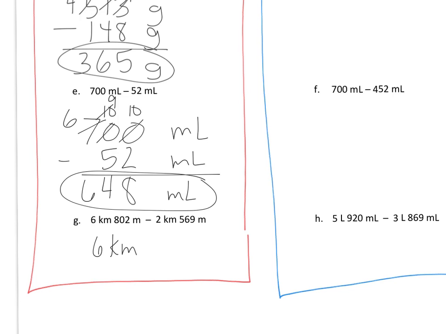6 kilometers, 802 meters, minus 2 kilometers, 569 meters. And my handwriting was really sloppy on that 8, so I'd like to fix that. There we go. Okay, 2 minus 9, can't do it. Go to my neighbor, he's empty, so I got to go all the way over to the hundreds.